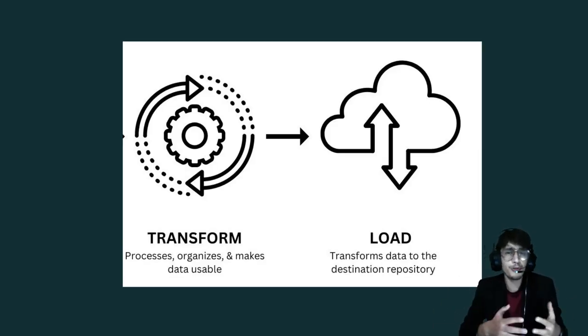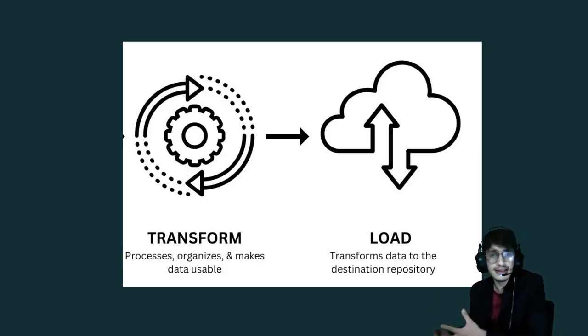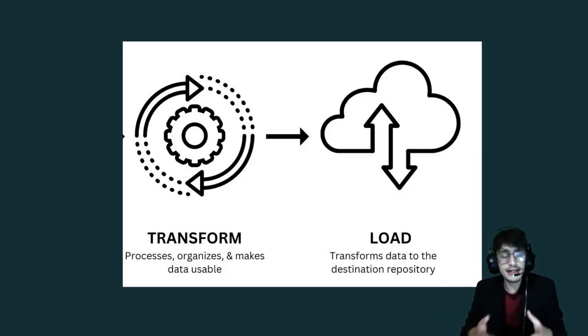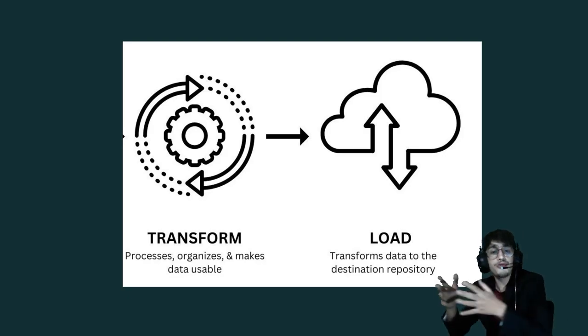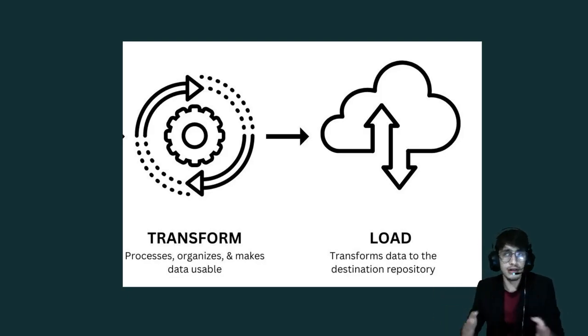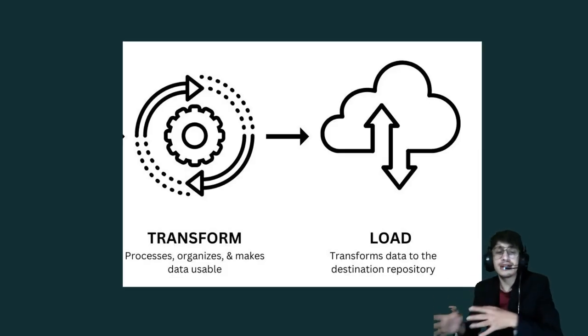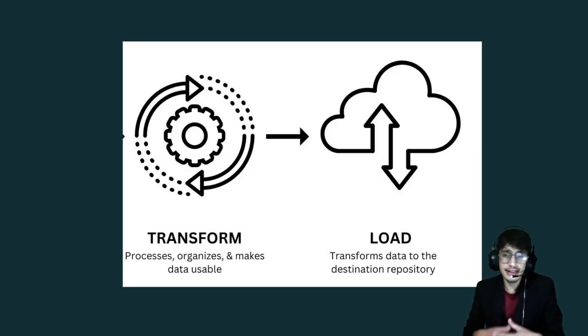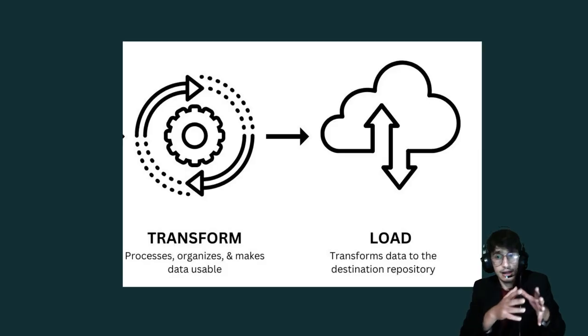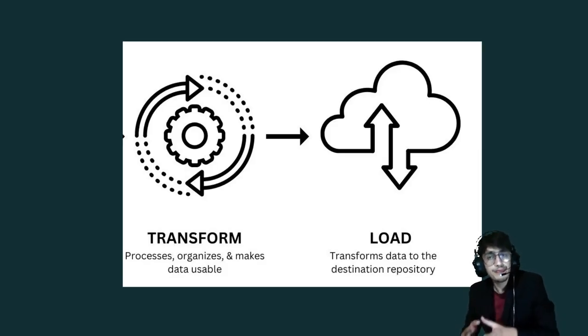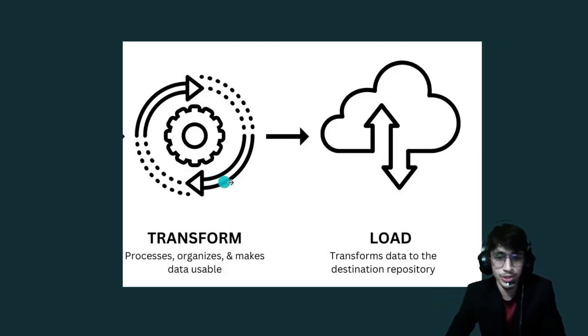So we have to transform it into a form which a model will understand, which means we have to transform it into a numpy array, or more simply, into the form of 0s and 1s. So in transformation, we transform our data so that our model can use it easily. And load, as the name says, is loading the extracted and transformed data into the bigger database.